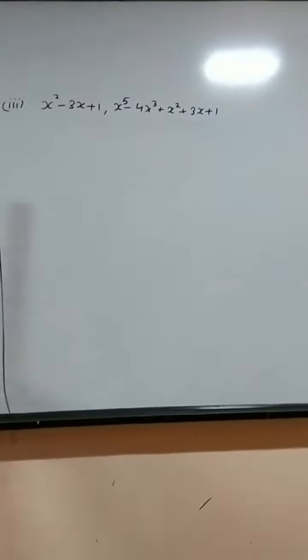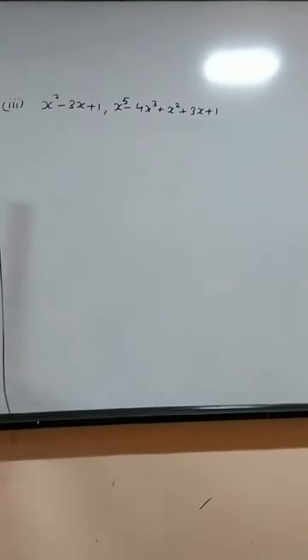So it is minus 5/2, and minus 5 means c and 2 means a, because c is equal to minus 5, a is equal to 2.